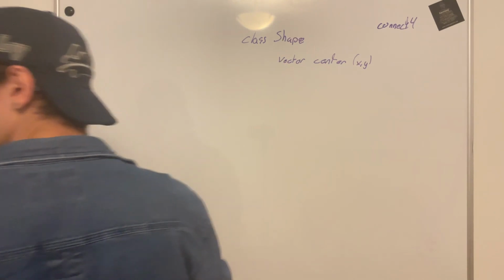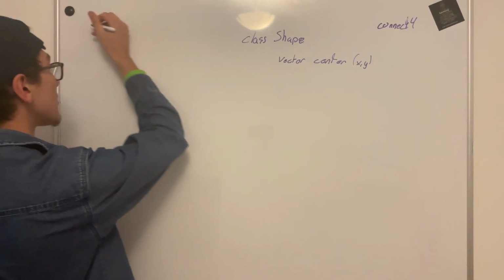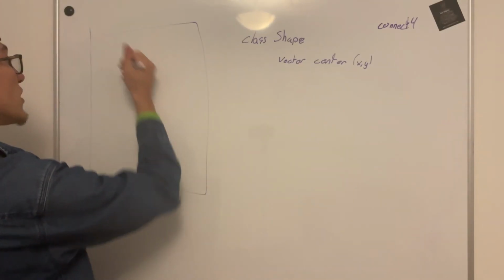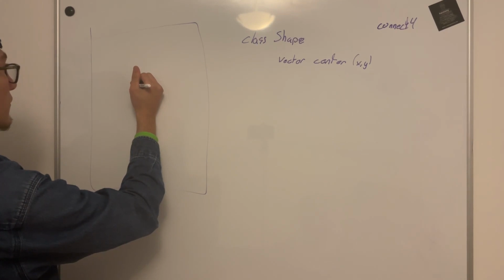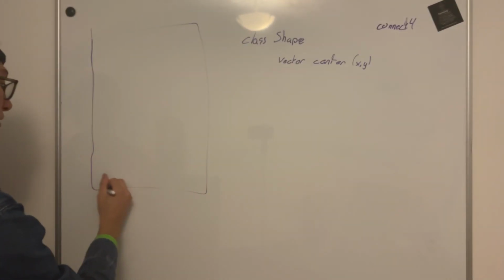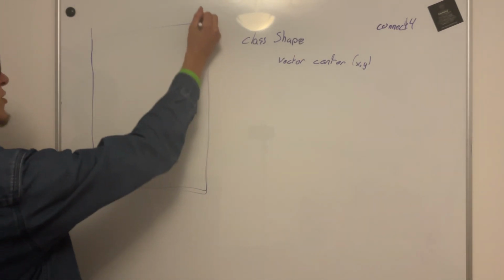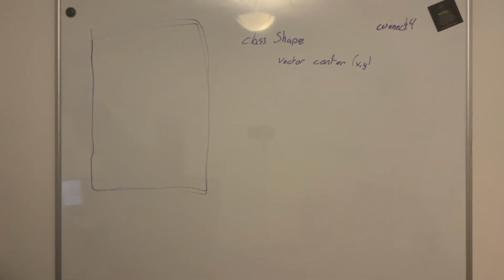I'm just thinking right now. So should it be the center? Maybe we want it, right? Because we'll have this, right? And to begin with, we'll have one big giant, let's say that this is a square, right? Let me maybe draw this a little bit smaller.